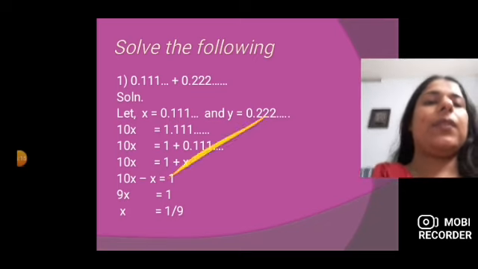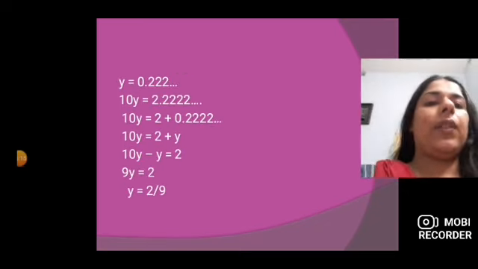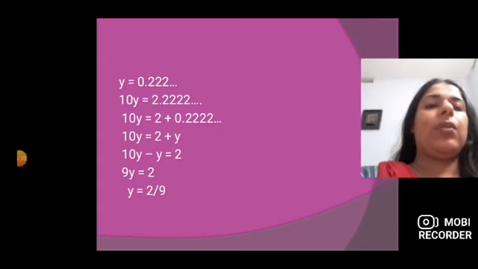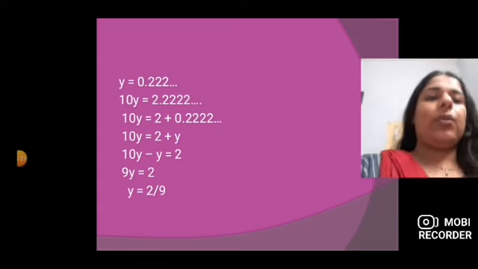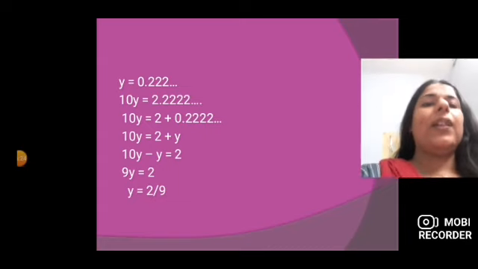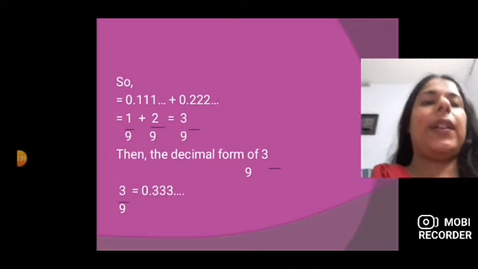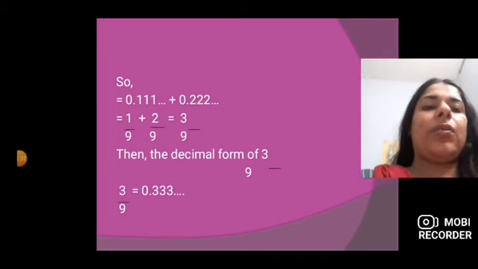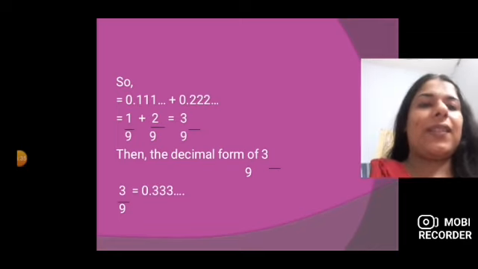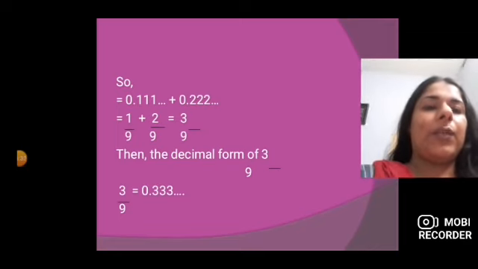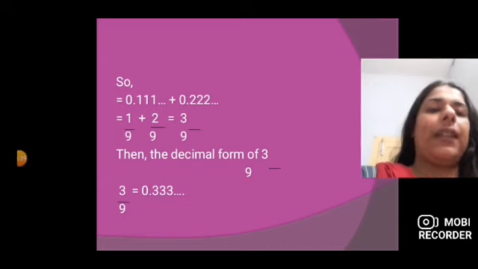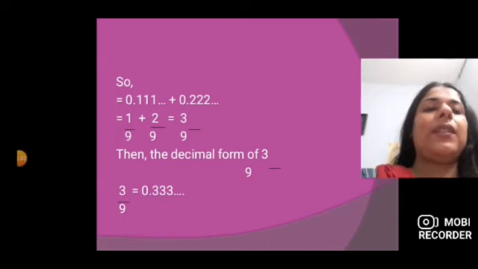In the same way, y equal to 0.222, 10y equal to 2.222, 10y equal to 2 plus y, 10y minus y equal to 2, 9y equal to 2, y equal to 2 by 9. And 1 by 9 plus 2 by 9: here denominators are the same, so just add the numerators. So 3 by 9.